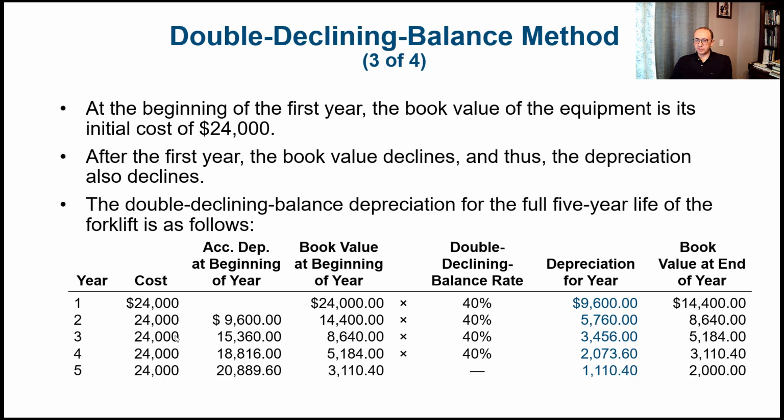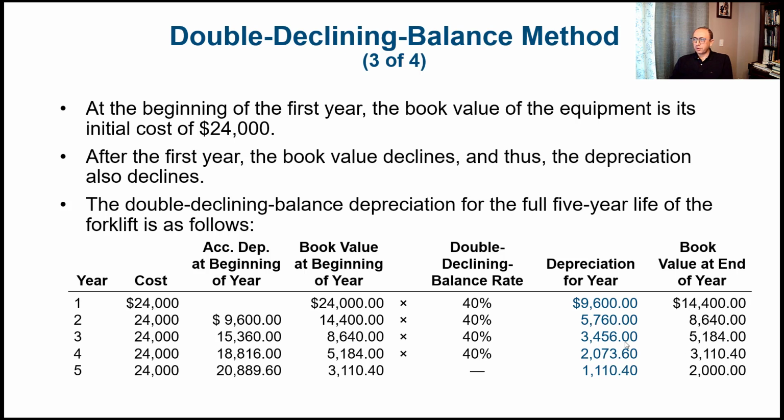We subtract that from the 24,000 and it gives us the net book value, which is 8,640, which is, by the way, the same as last year's ending value. We take this value, multiply by 40%, and that would give us the new depreciation expense. And it keeps going down. That's why they call it an accelerated method. It's very fast in the very beginning, the amount of depreciation is very high at the very beginning, and it keeps declining.